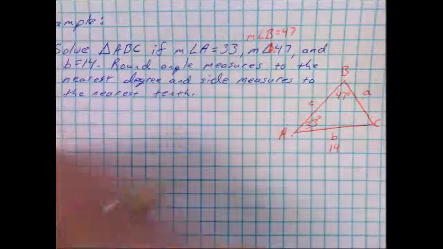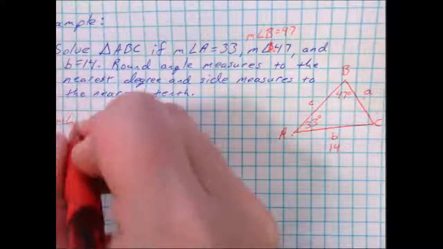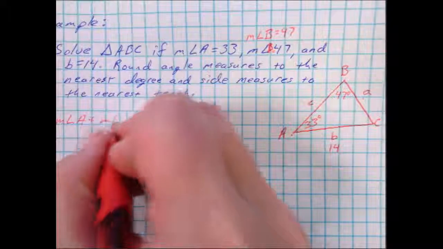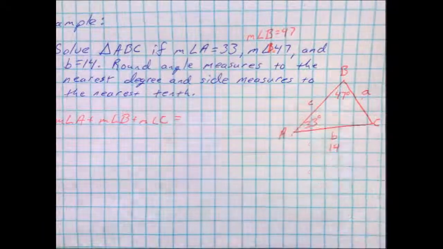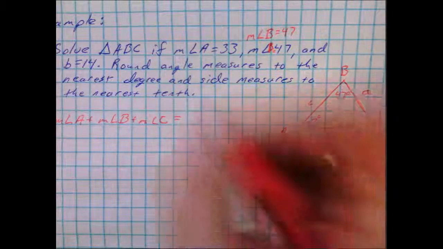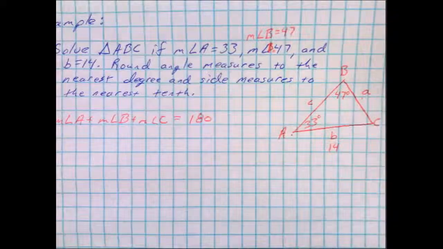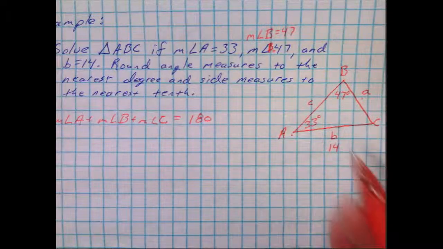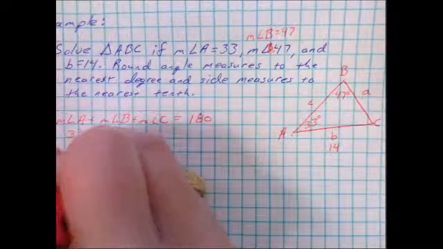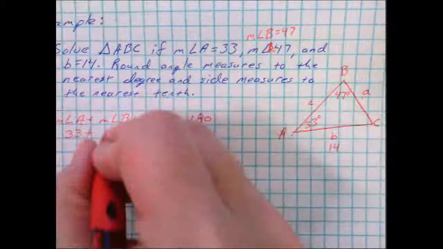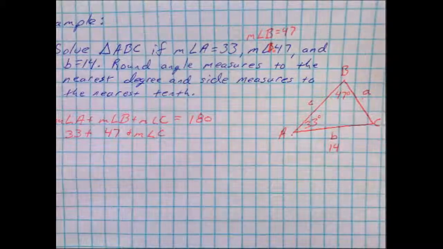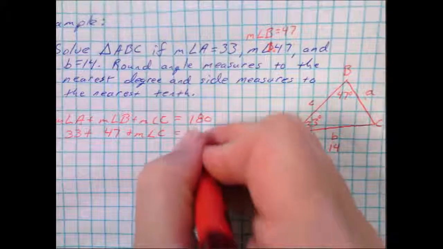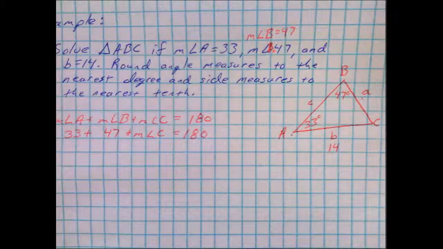So we know when we add together the measure of angle A plus the measure of angle B plus the measure of angle C, we have a triangle. So anytime we add those together, we should get 180 degrees. Then angle A is 33, angle B is 47, so we're just plugging those in, and then we have angle C equals the 180. So we're going to add together the 33 and the 47.